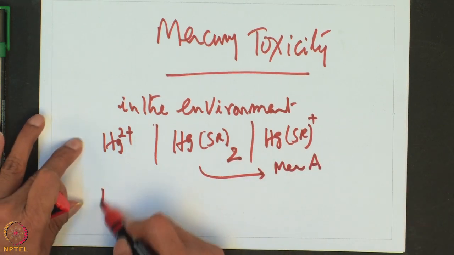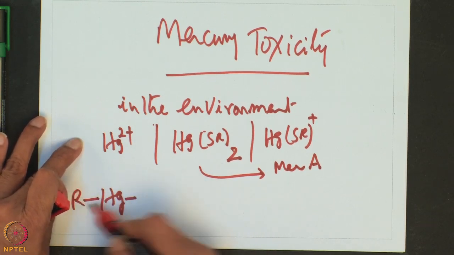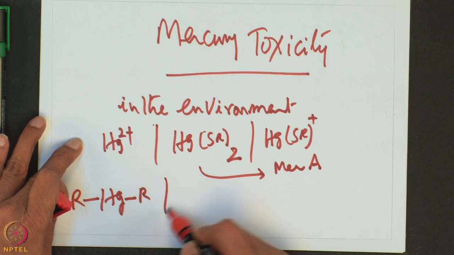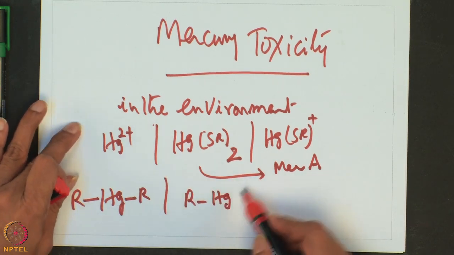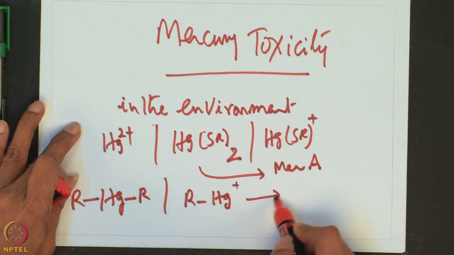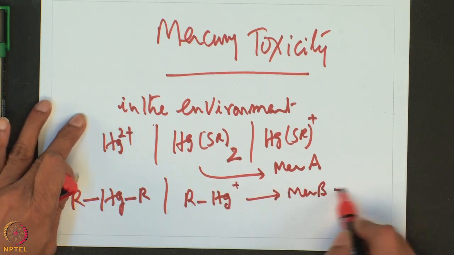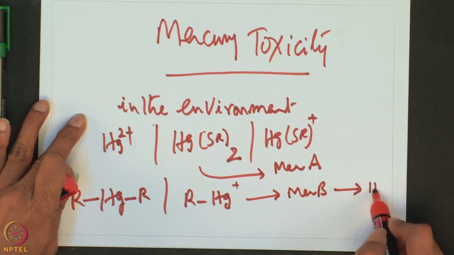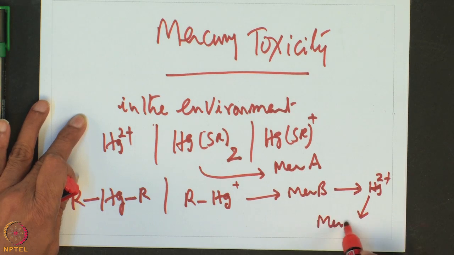Now, on the other hand, if you have mercury with alkyl or mercury with one alkyl, all of these have to be worked on first by Mer-B. So, this will release the Hg2+, then this will be worked out by Mer-A.